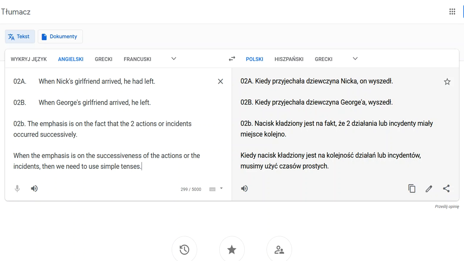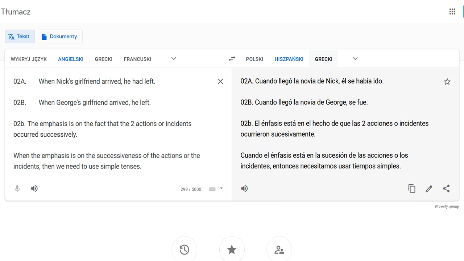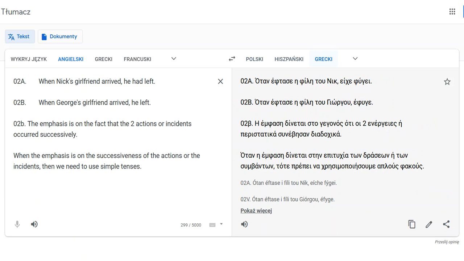And that's why here we use simple tenses, okay? The first, chronologically speaking, comes first and the second comes second, okay? So the order here is important. The order is important. So let's take a look here and here, okay?